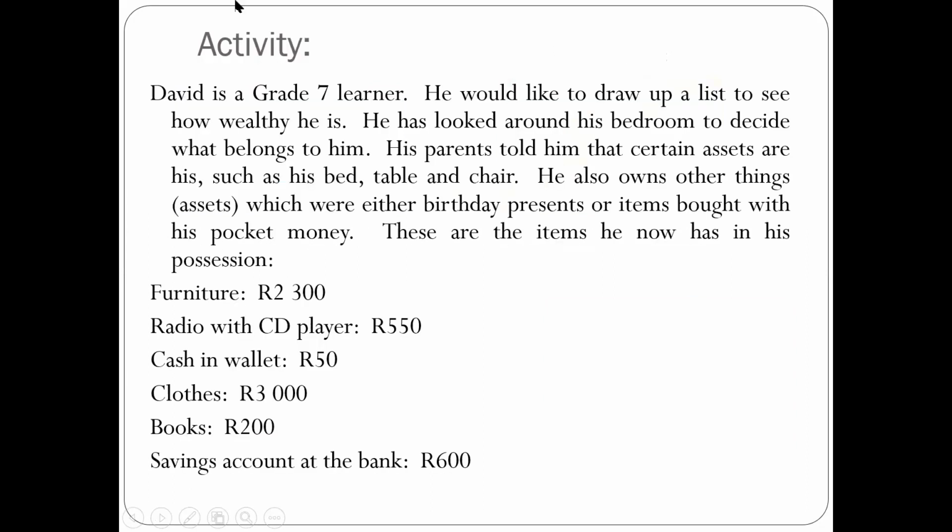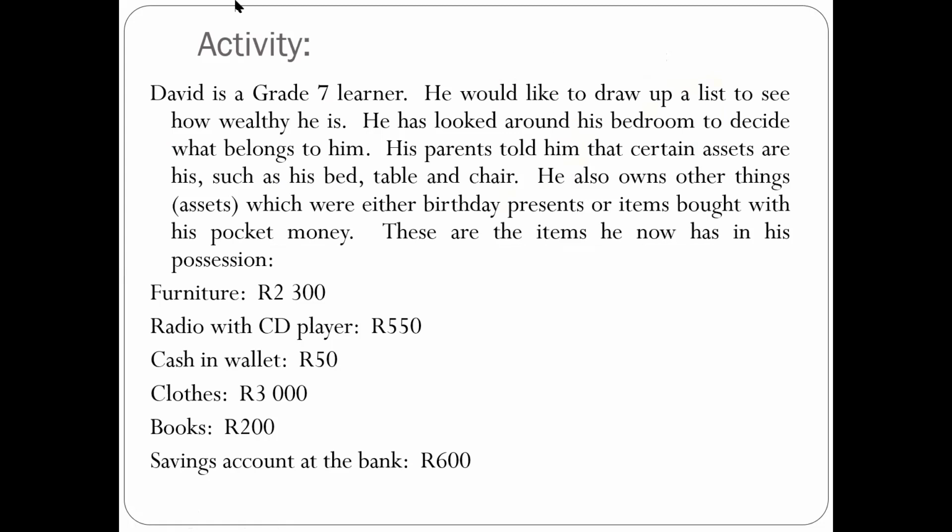So we're going to continue now, and you will see there's an activity that we're going to look at. This is about a grade 7 learner. Let's read what is standing there. David is a grade 7 learner. He would like to draw up a list to see how wealthy he is.